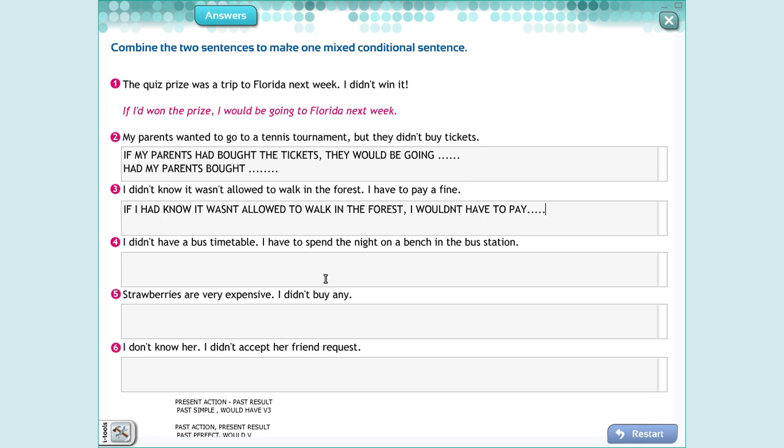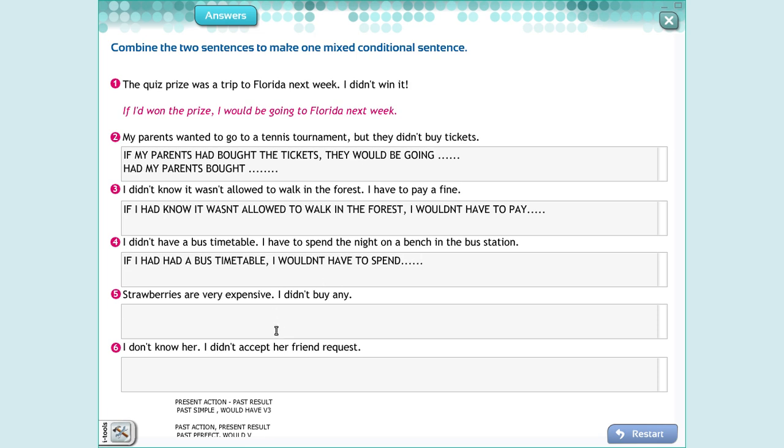So it's like, if I had a bus timetable, hoje, no presente, I wouldn't have to spend the night in the bus station.